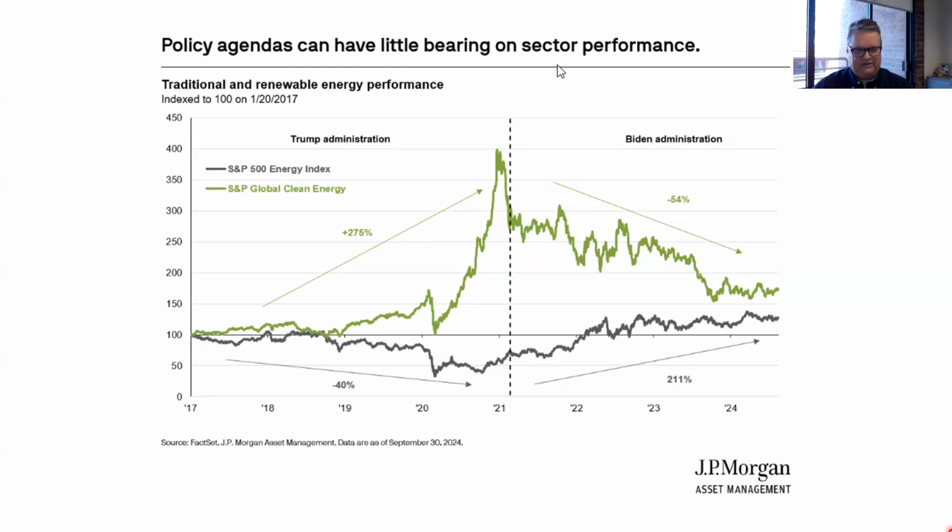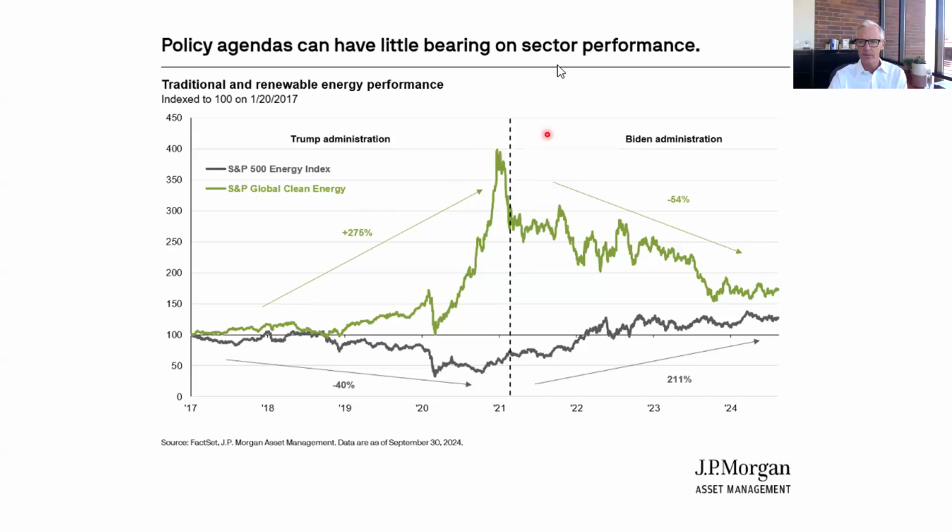So if you look through the microscope at what we were talking about in the last couple of slides, this is a slide looking at the energy sector, which is the dark line on the bottom, and the clean energy sector, which is the green line on the top. During the Trump administration, his last term, the clean energy returns started to skyrocket.